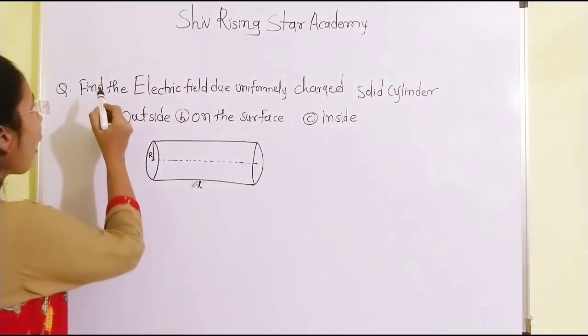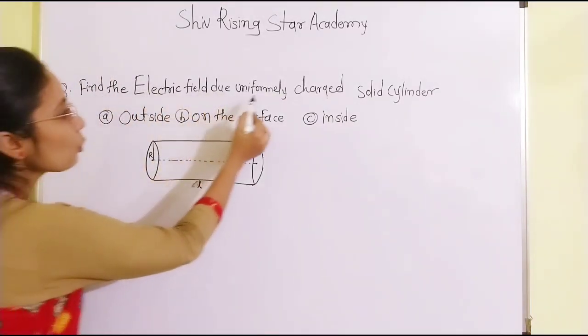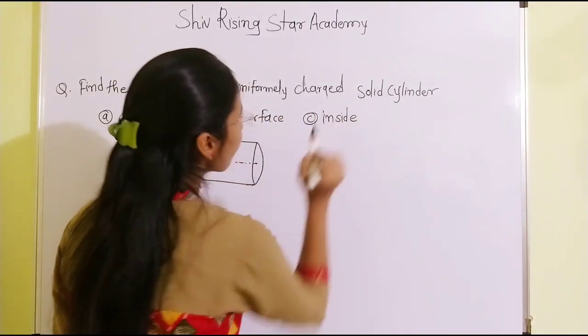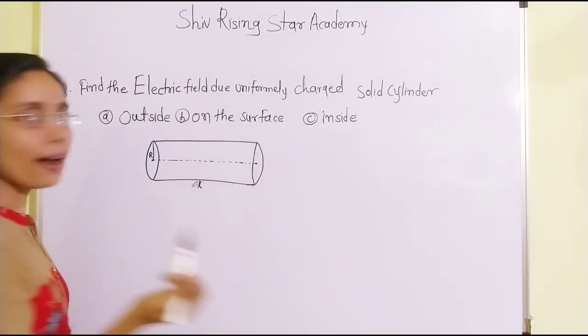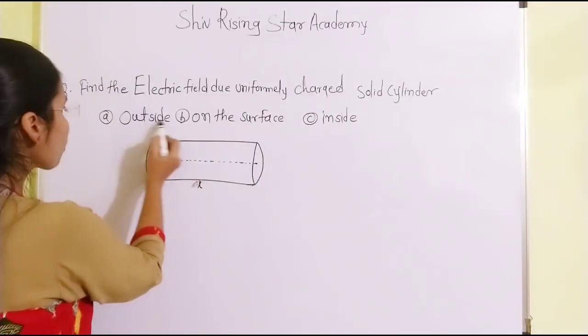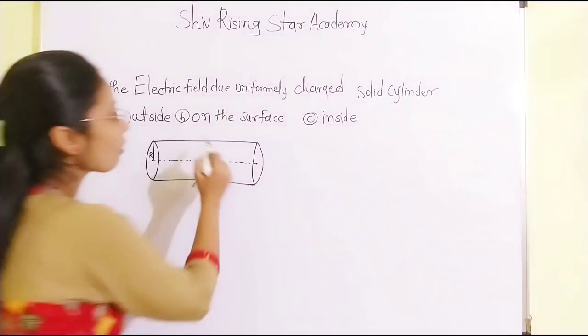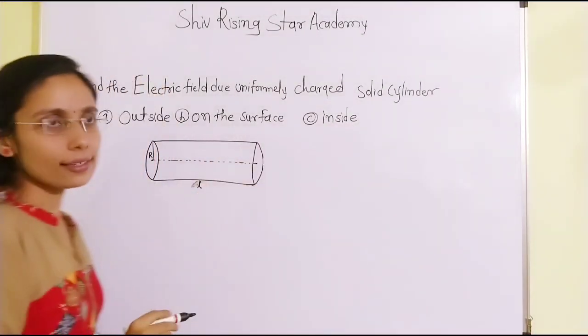The question is to find the electric field due to a uniformly charged solid cylinder. That is, we have to find the electric field outside the cylinder, on the surface of the cylinder, and inside the cylinder.